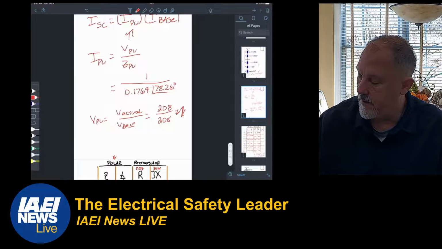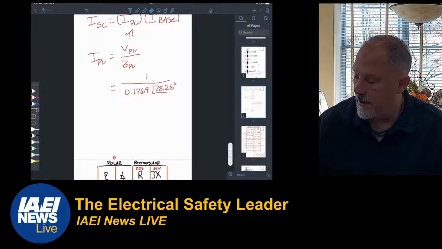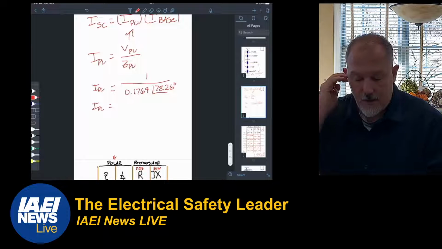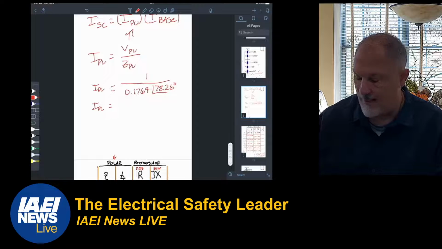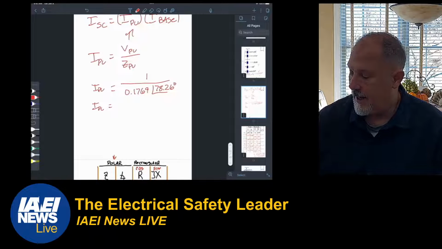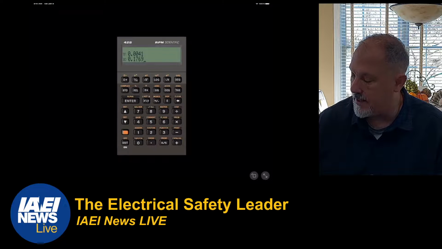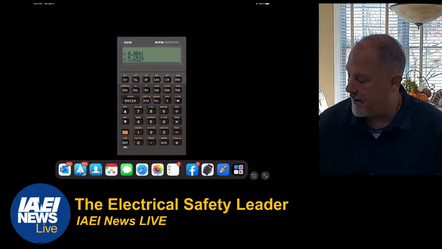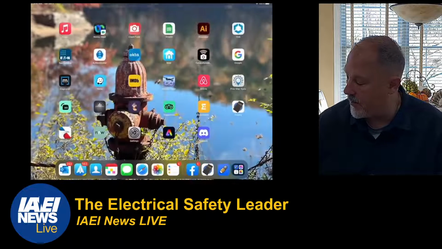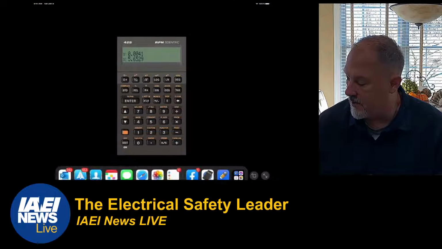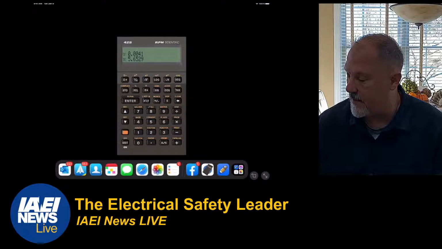Right? Let's get rid of this. We no longer need this. So my I per unit is equal to 1 over 0.1769. 1 over 0.1769 is 5.6529.